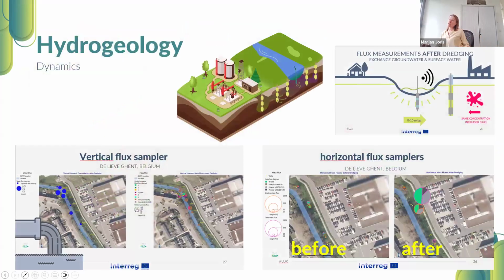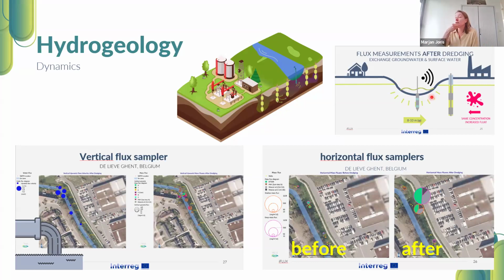As I can show you over here, one of the cases we have been measuring was an industrial site with a historical contamination, and near that site a river was present. In the river there was a lot of sediment, which resulted in a very low flow in the direction of the river.